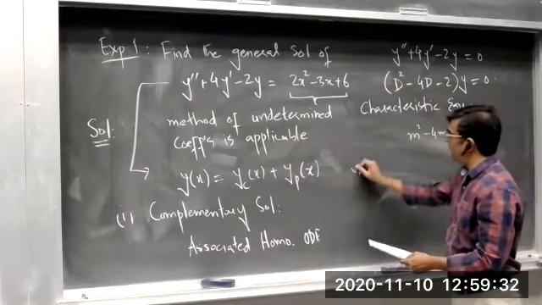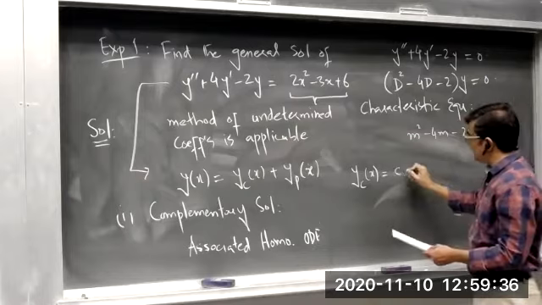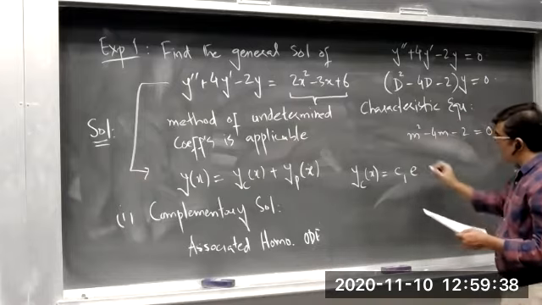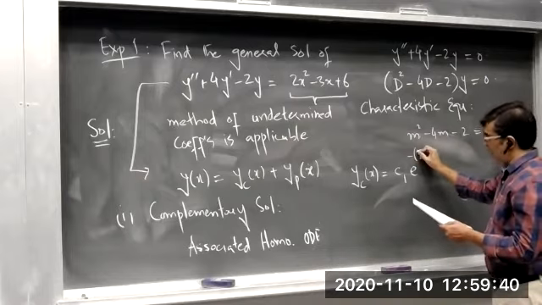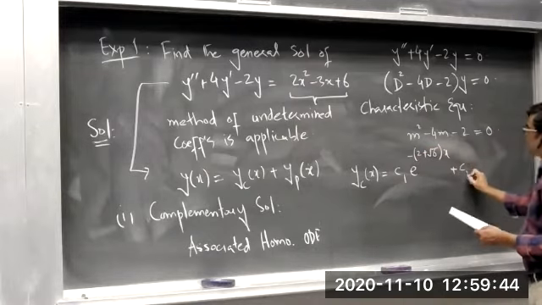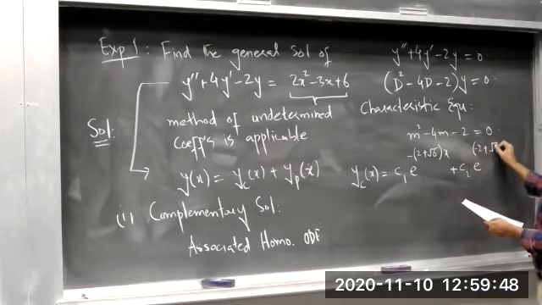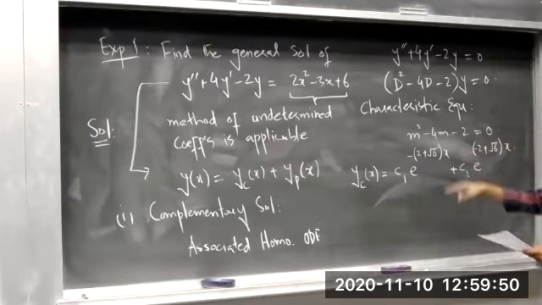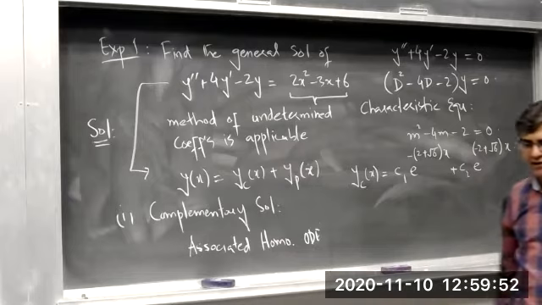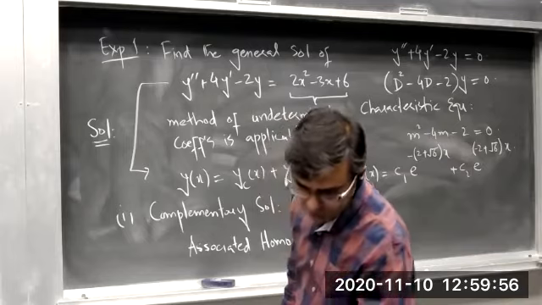Find the roots of this, and then you can write yc of x as c1 e raised to the power (minus 2 plus under root 6)x plus c2 e raised to the power (minus 2 minus under root 6)x. So this is your yc, which is the general solution of the corresponding homogeneous differential equation.